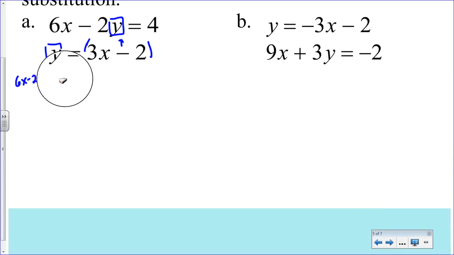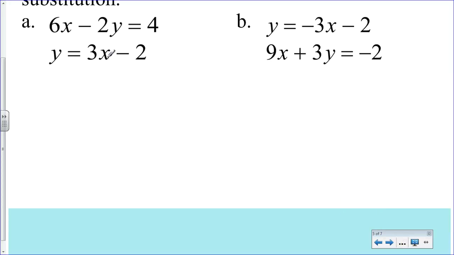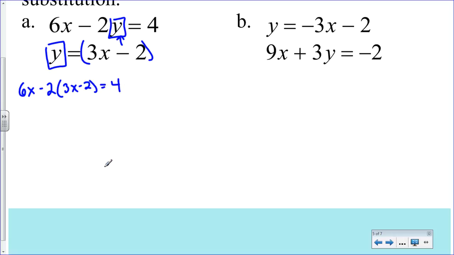Forgot to plug this in. Sorry. We're going to go ahead and take my 3x minus 2 and plug it in for the y in the first equation. So we're going to do 6x minus 2, and then in my parentheses I have 3x minus 2 equals 4. I'm going to solve this the same way we have been.